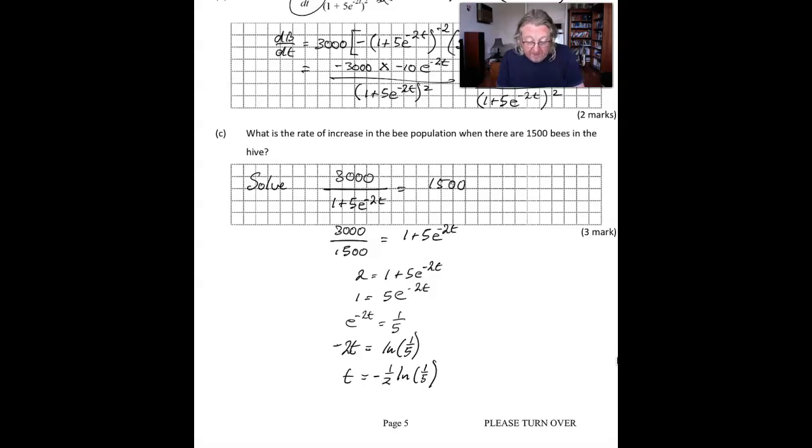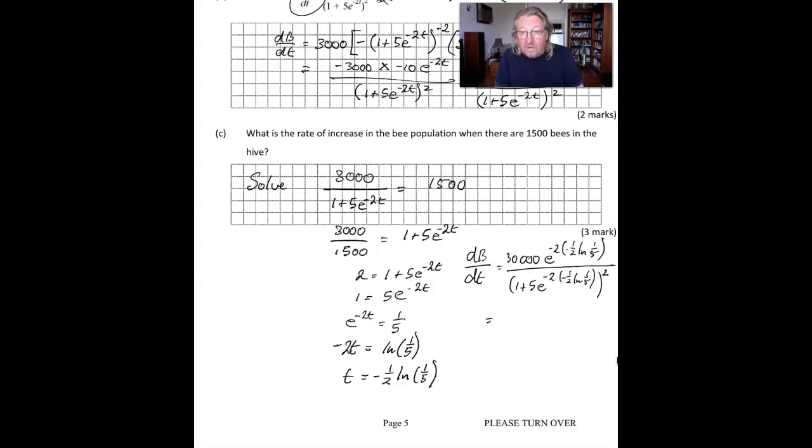Now we go and substitute that into this expression for the rate. So dB/dt is going to be 30,000 times e to the minus 2 times this minus a half log 1/5, all over 1 plus 5 times e to the minus 2 times minus a half log 1/5, and that's all squared.